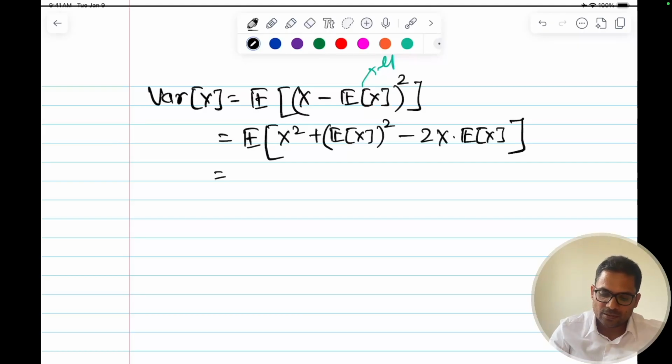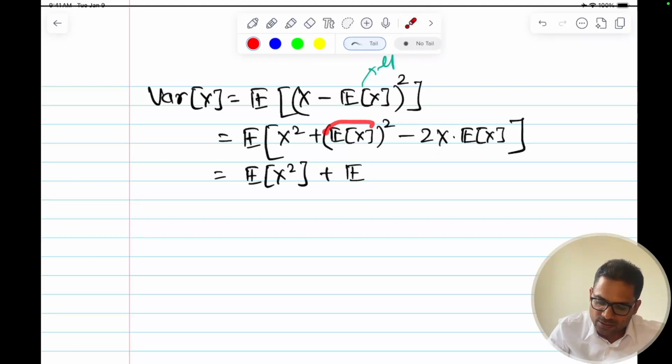Okay, let's open the expectation of x square plus, okay, expectation of x square would be expectation of x whole square, that is my mean. This is a constant value. Expectation of any value is a constant value, that is my mean, I know that.